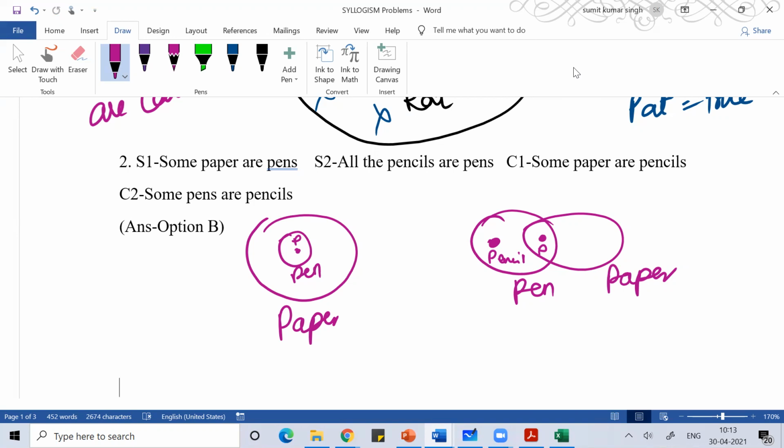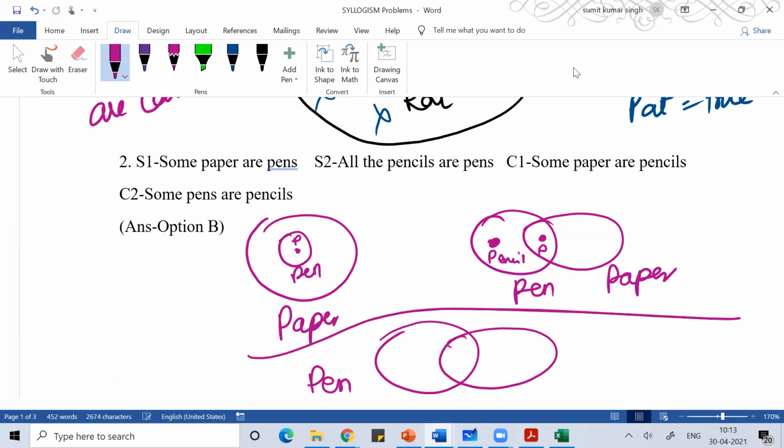The conclusion is some paper are pencil. If you think about this diagram, this is pen, paper, and this is pencil. Here, are you getting some paper are pencil?